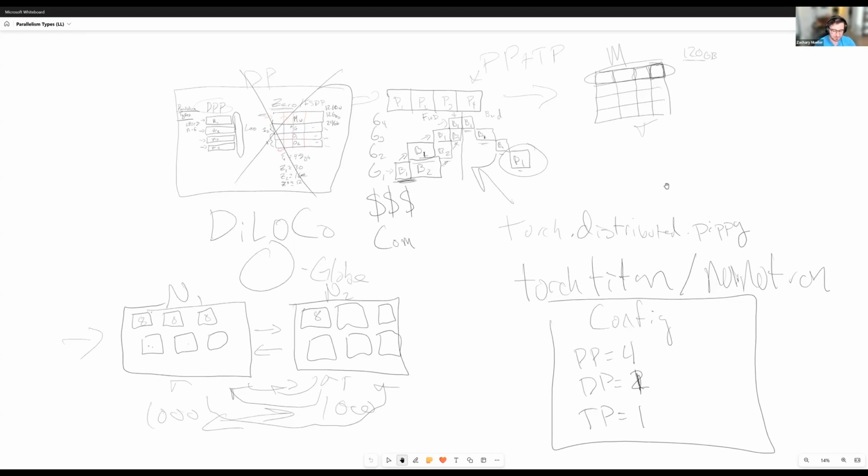Communications spend more money because you're training for longer. So, given that, reduce communications as much as you need to by utilizing these different strategies to get there. And that, as a whole, is distributed training. Reduce costs as much as possible by making things as fast as possible, and you're done.